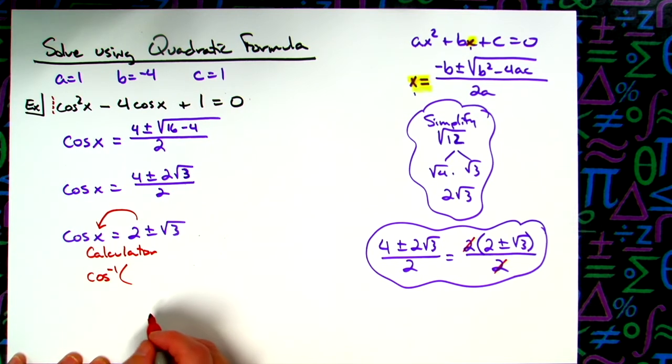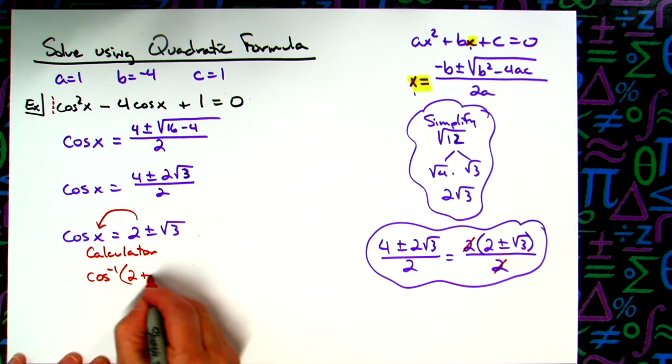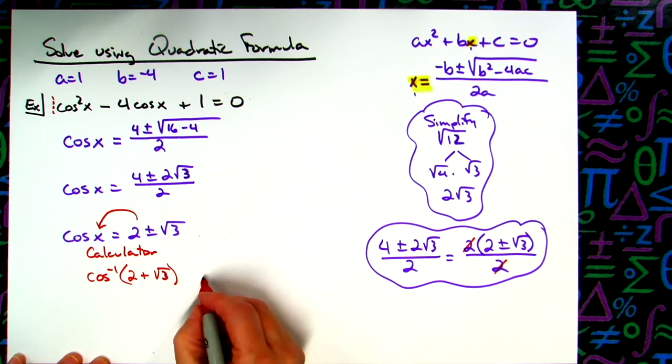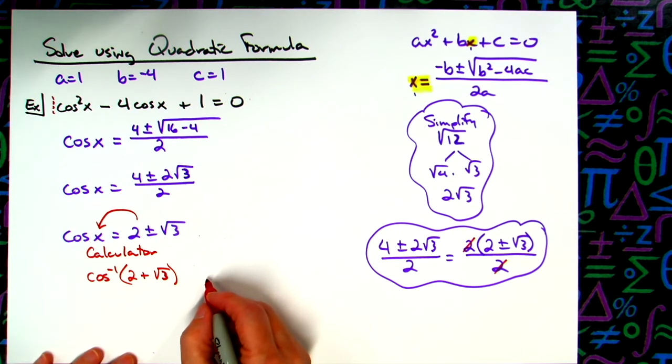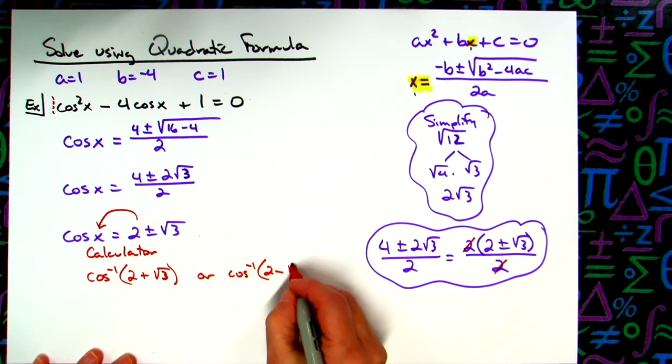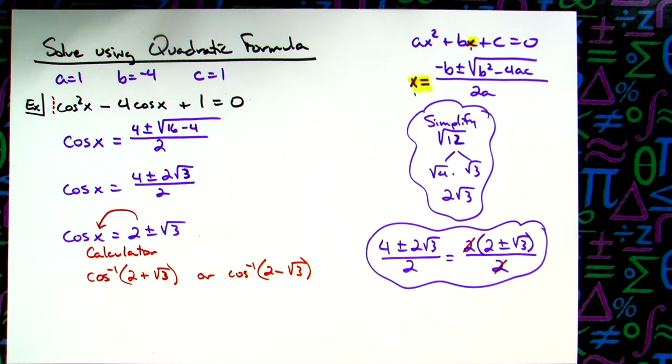And then there is no plus or minus, so I'm going to have to do inverse cosine of 2 plus square root of 3 for my one answer. And then for my other answer, I'm going to have to do inverse cosine of 2 minus square root of 3. And make sure you're in radian mode.